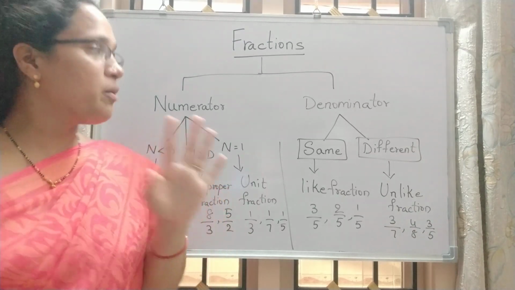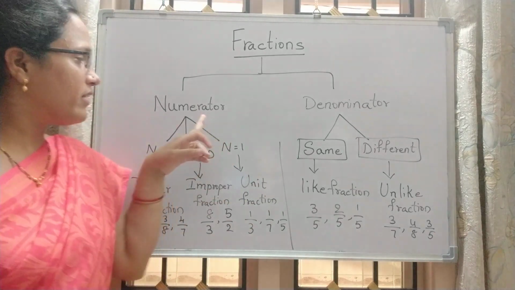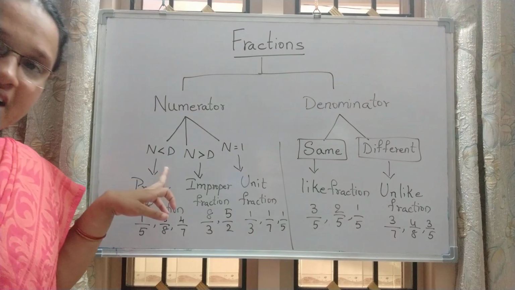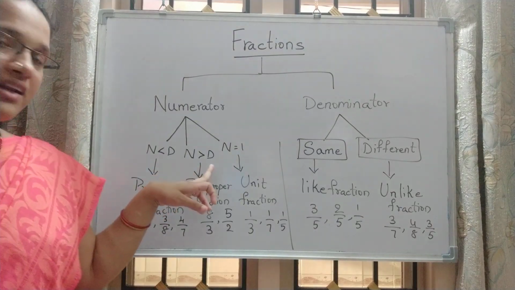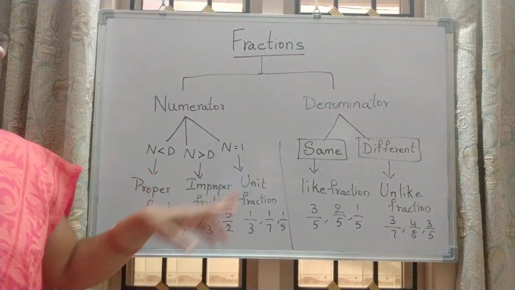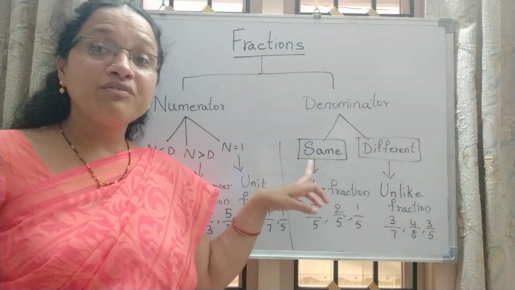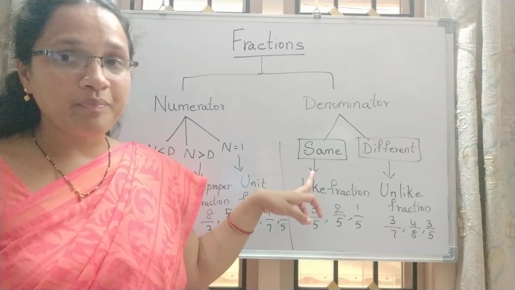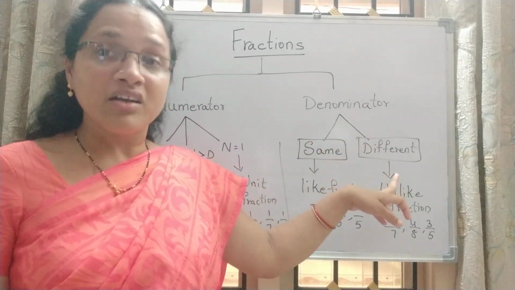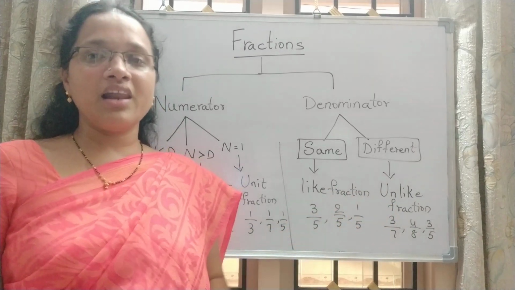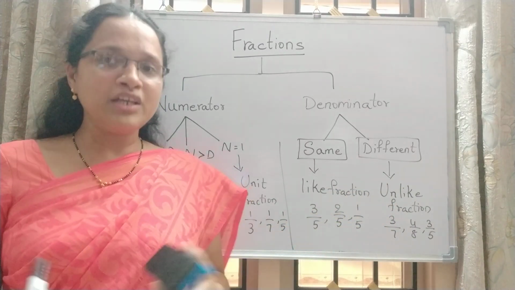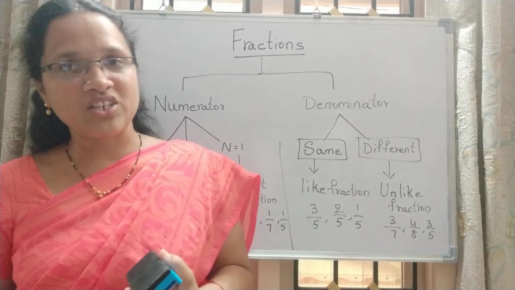Accordingly, the numerator has three types: numerator less than the denominator, numerator greater than the denominator, and numerator equal to 1. Next, in the denominator, if the denominators are the same, we call them like fractions. If the denominators are different, we call them unlike fractions. So in the next class, we'll see the remaining two, mixed fractions and equivalent fractions, children.